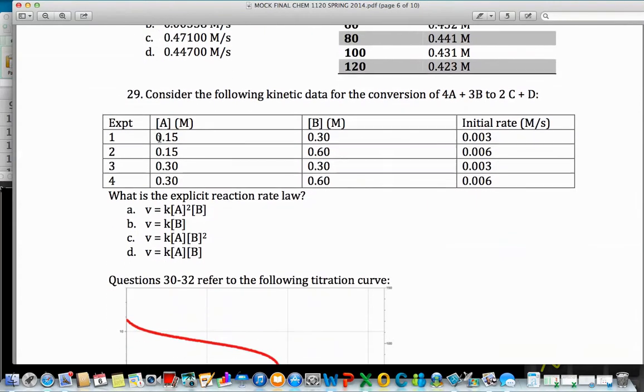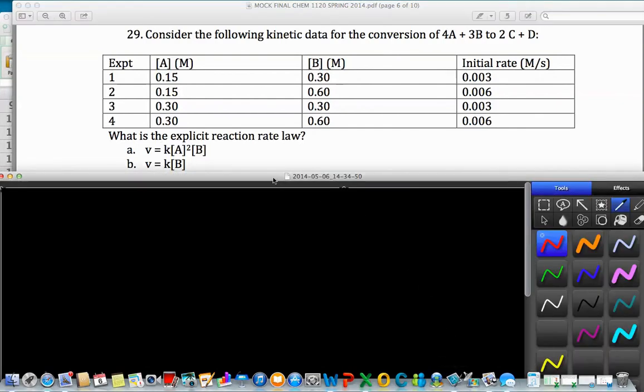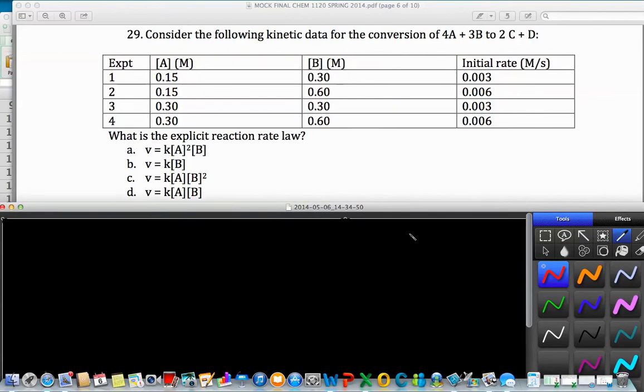Number 29, we want to determine the rate law. We first want to start with the rate is equal to the rate constant times the concentration of A to the x times the concentration of B to the y. So let's look for x first.